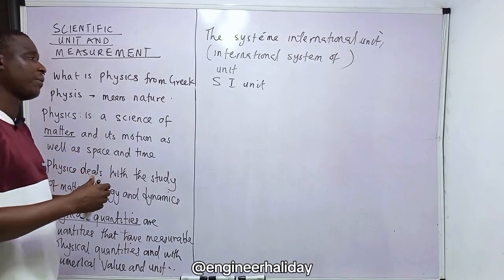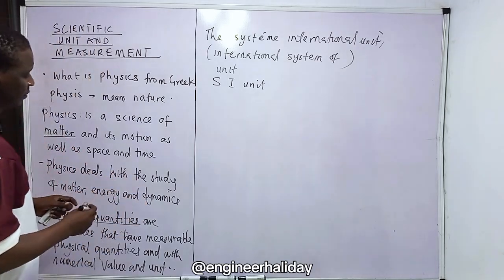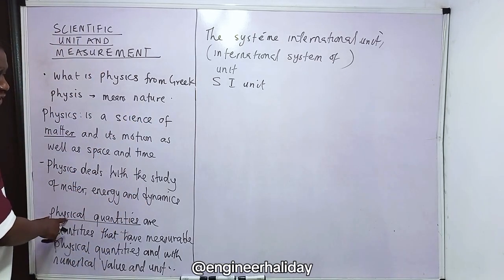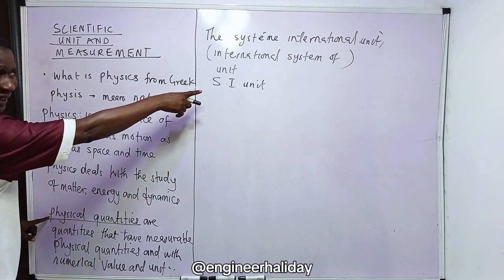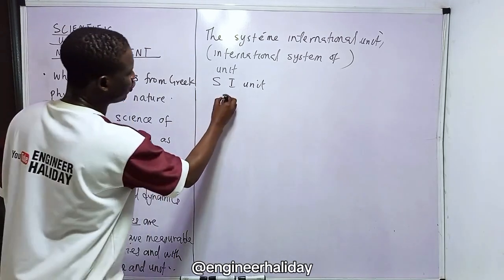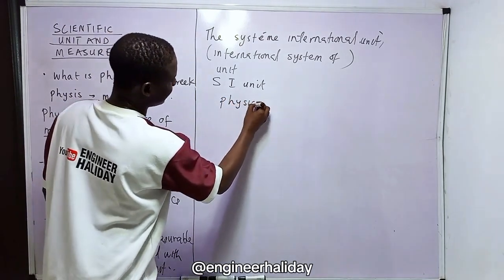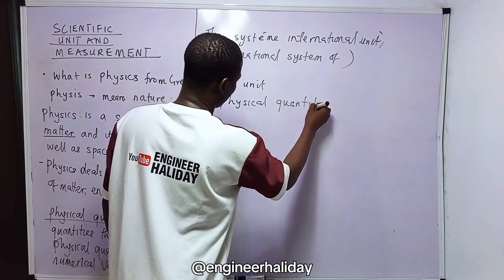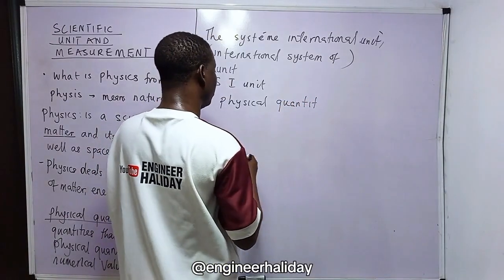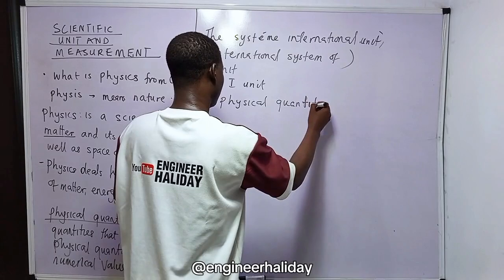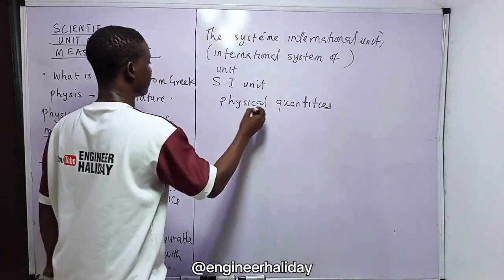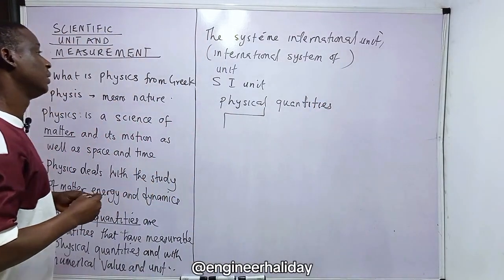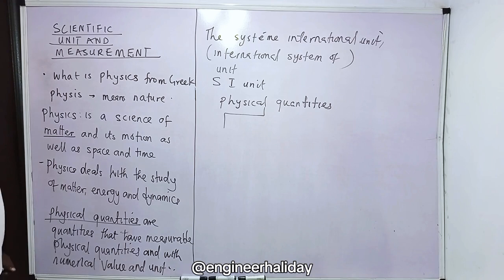Now, having explained unit, so that I can link it up with physical quantity, there are two types of physical quantity in physics that are measurable.